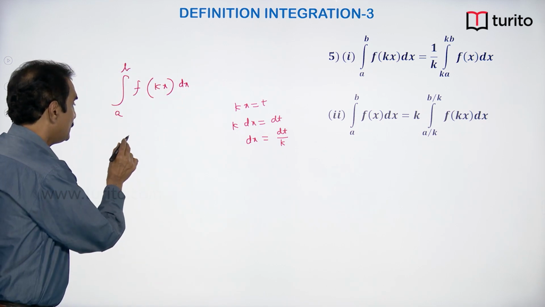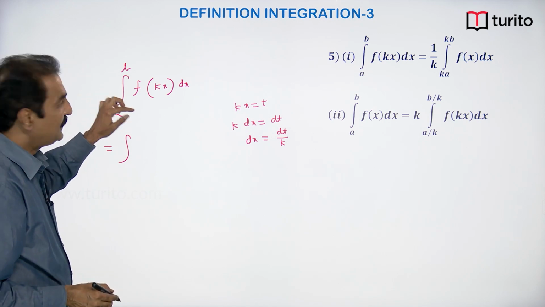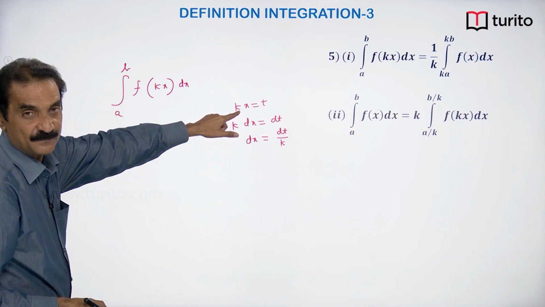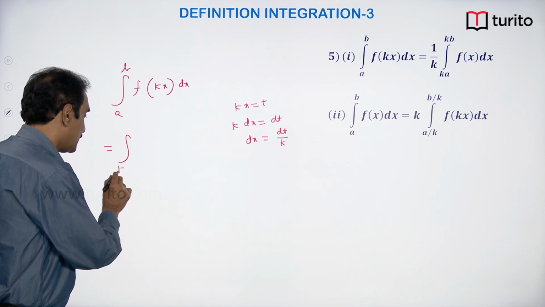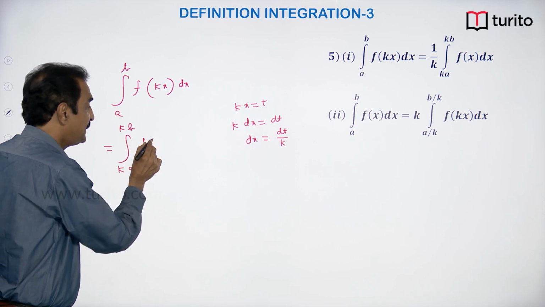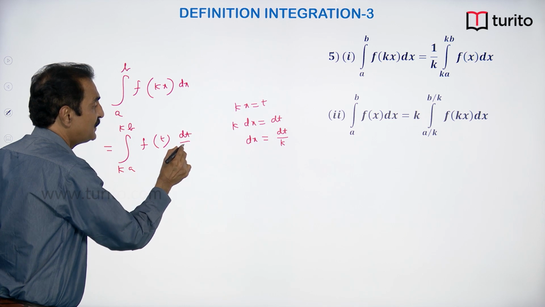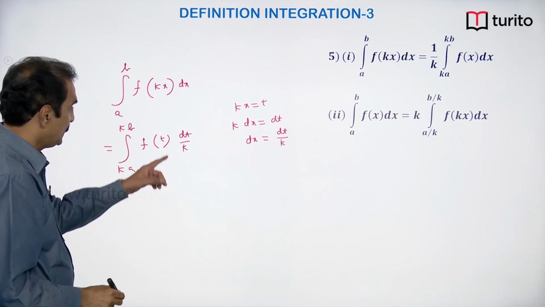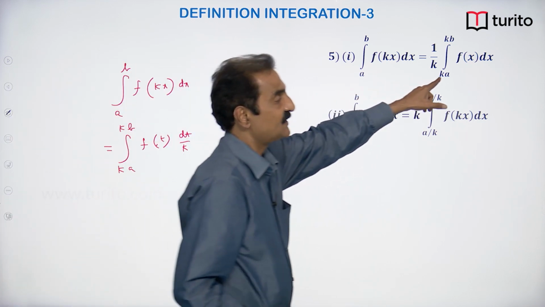Then, the limits are a to b, so what are the new limits? ka to kb will be the new limits. Integral ka to kb f of t into dt by k. Now we can replace t by x, then you will get this result.